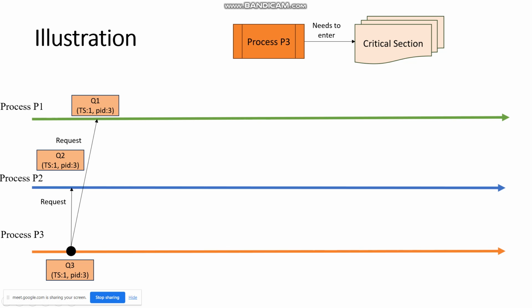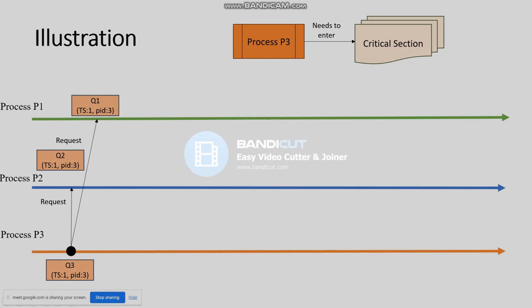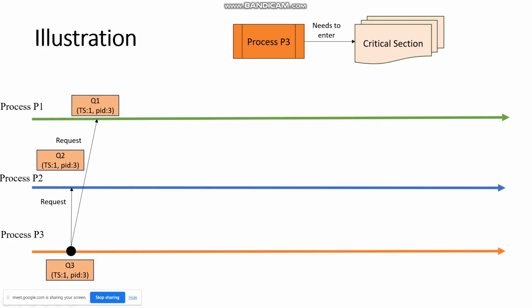Similarly, process P1 maintains its own request queue, Q1, which also has the same details. This information is shared with the remaining processes P2 and P1.